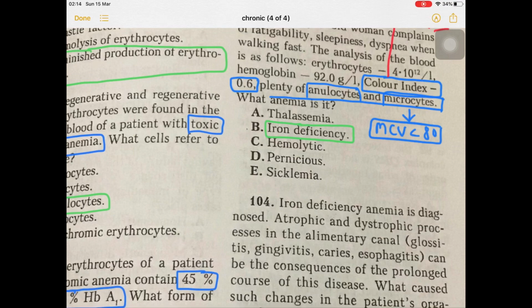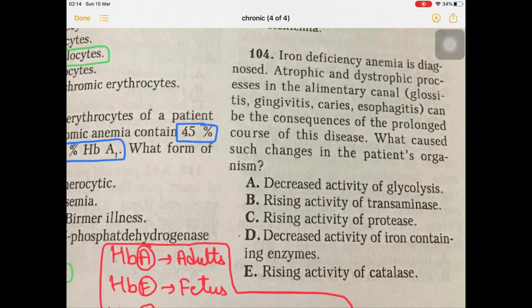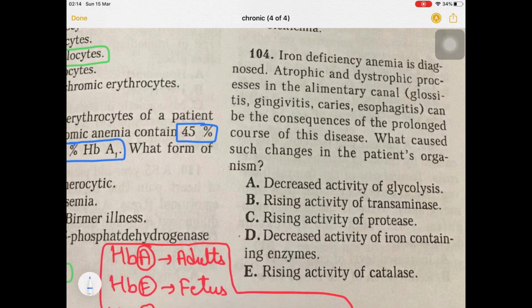Question number 104, let's talk about that as well. Iron deficiency anemia is diagnosed by atrophic and dystrophic changes. Clearly they are mentioning iron deficiency anemia first, then the atrophic and dystrophic process in the alimentary canal. Glossitis, gingivitis, caries, esophagitis are actually signs of iron deficiency.